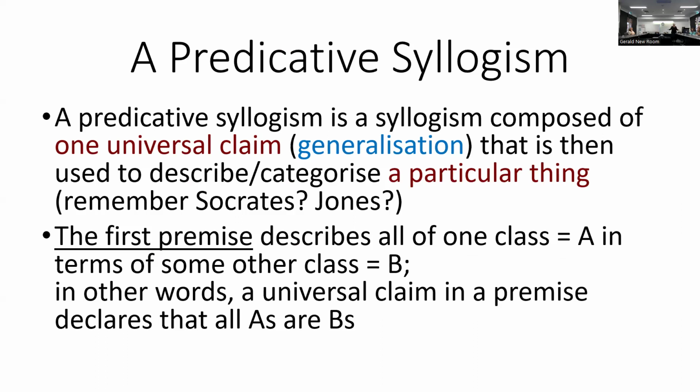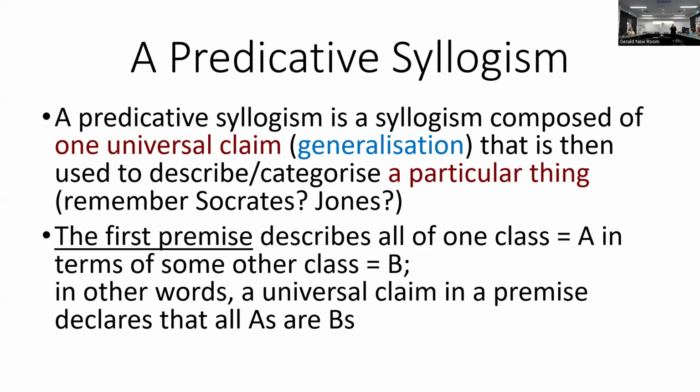Then you pick one member, Socrates or Jones, who is a member of the category of A, and because all A's are B's, he has to be a member of category B. B could be the same as A or a smaller category than A, but if he is A, he must be B.